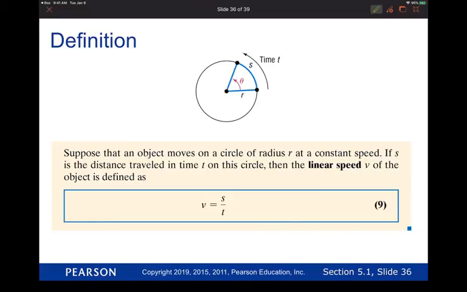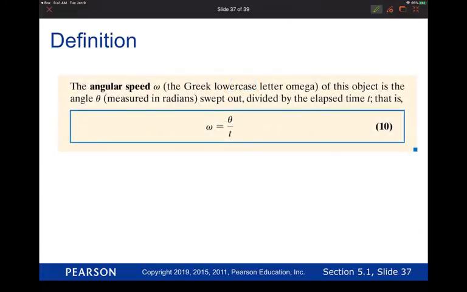The angular speed, omega, the Greek lowercase letter omega, of this object is the angle theta, measured in radians, swept out, divided by the elapsed time. Remember, we had to put it in the right units. So the angular speed is theta divided by t, where theta is in radians.